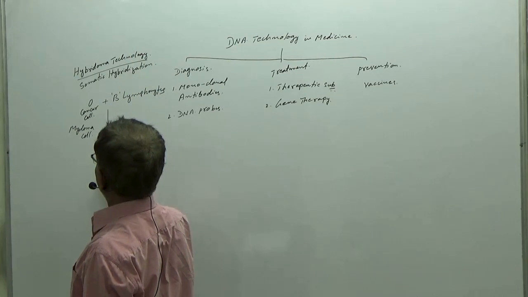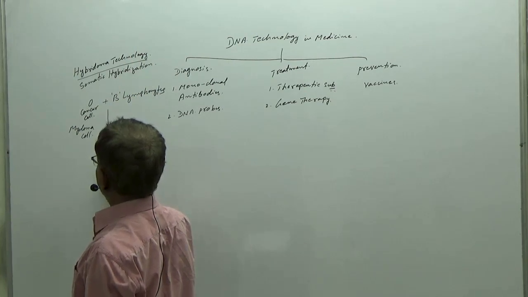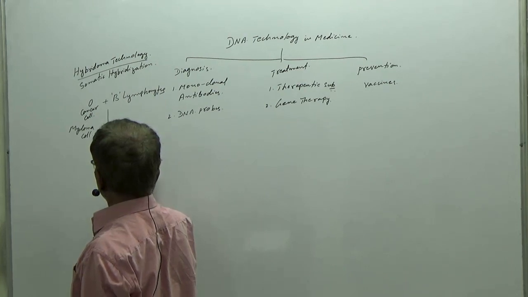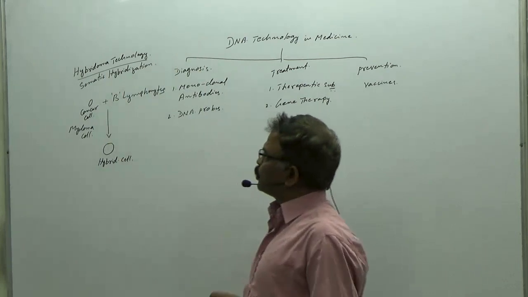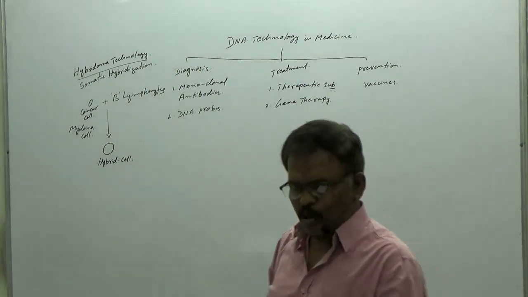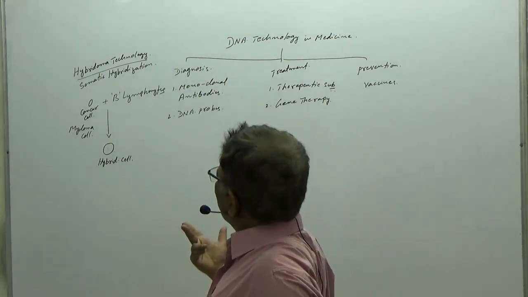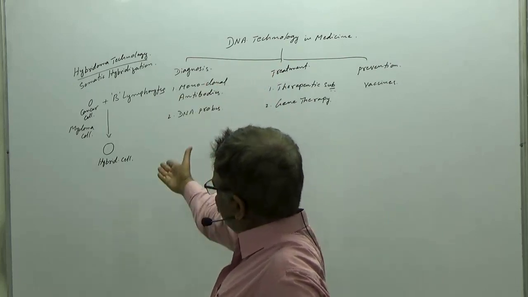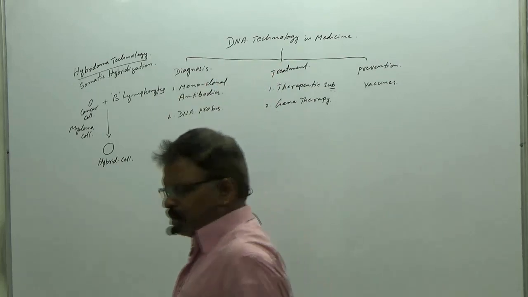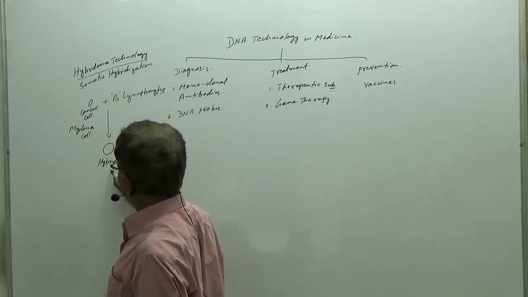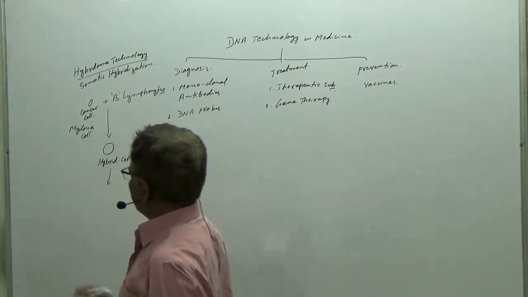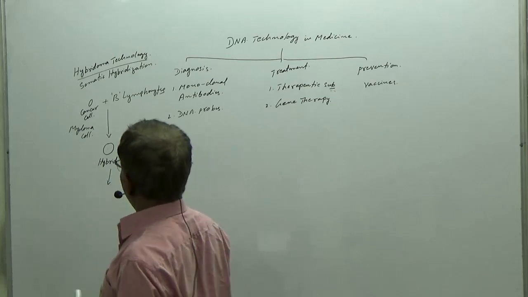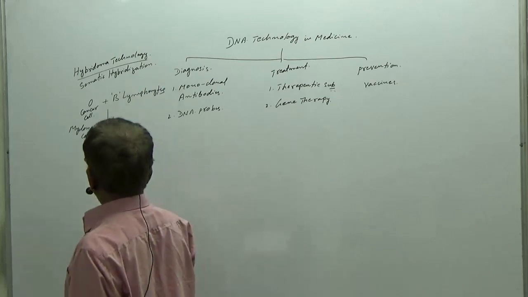This cell is known as a hybrid cell, somatic hybrid cell or hybridoma cell, whatever. This hybridoma cell continuously divides, and at the same time continuously produces antibodies.